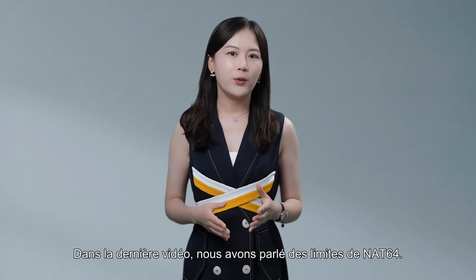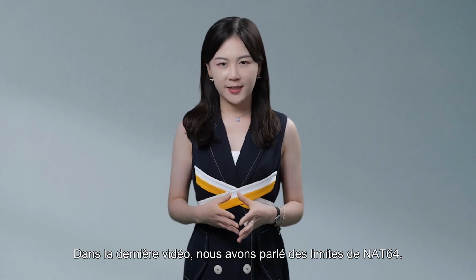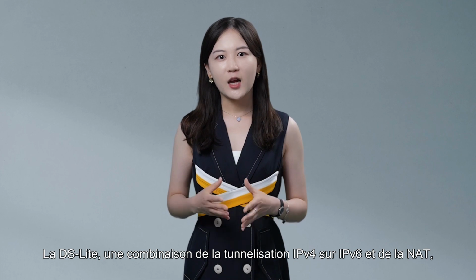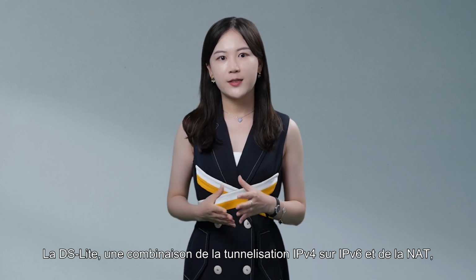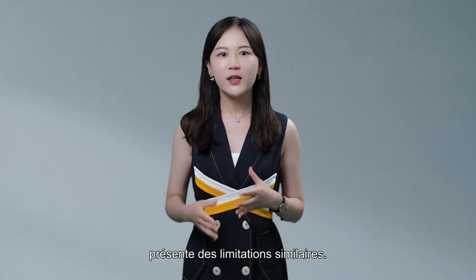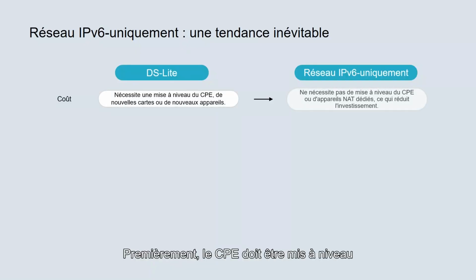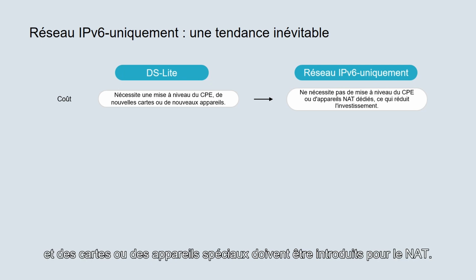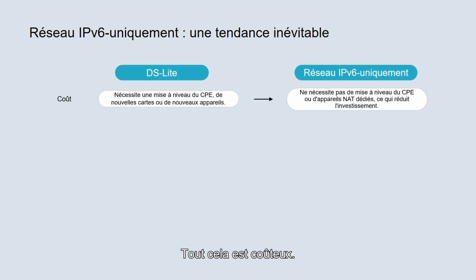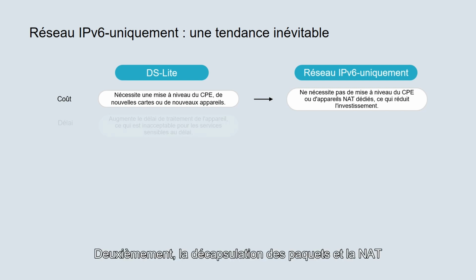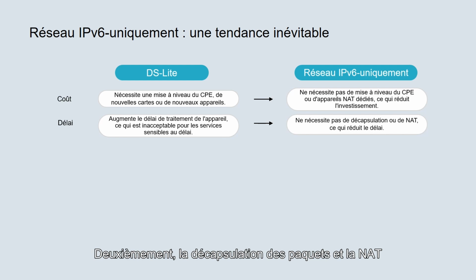In the last video, we talked about limitations of NAT64. DS-Lite, a combination of IPv4 over IPv6 tunneling and NAT, has similar limitations. First, the CPE needs to be upgraded and special boards or devices need to be introduced for NAT. All this is costly. Second, packet decapsulation and NAT increase the device processing delay, making it unsuitable for delay-sensitive services.